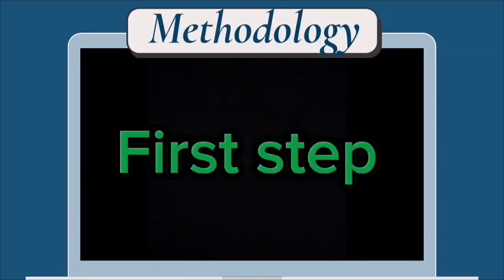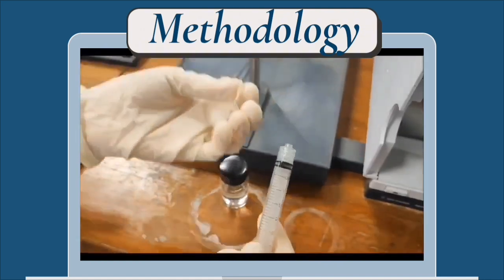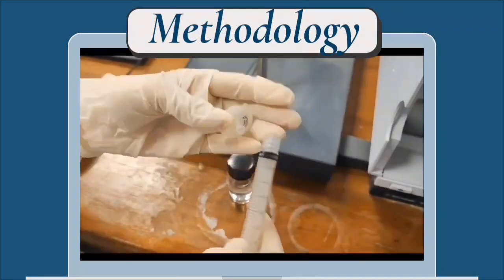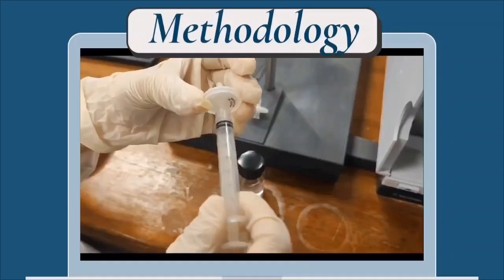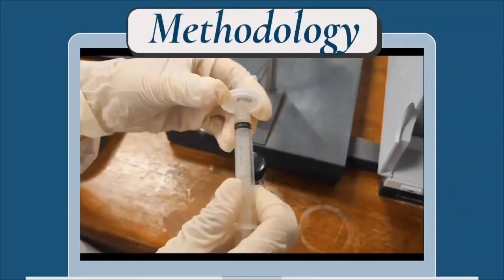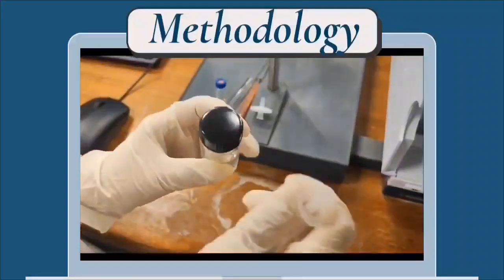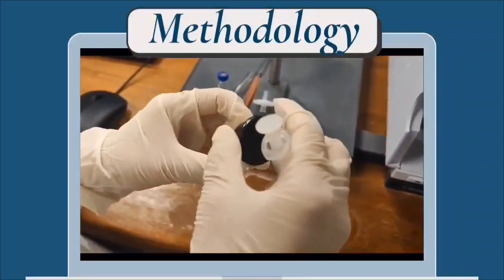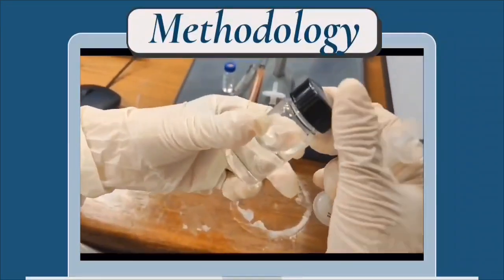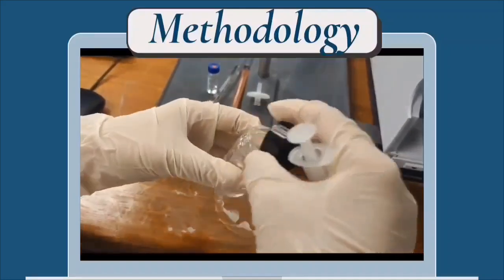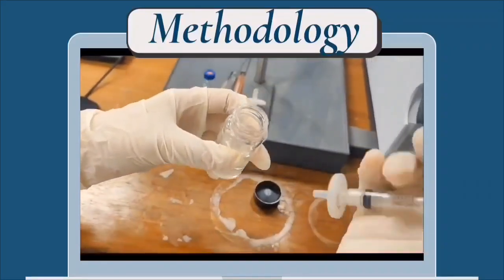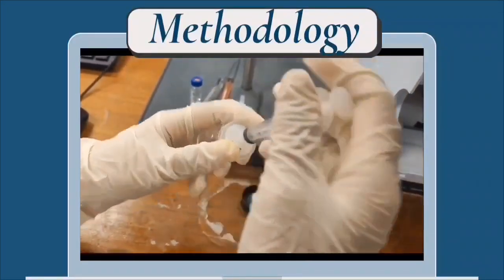Now we move to the first step. We use this syringe and we put in the filter membrane like this. Now we're going to take 2 to 5 ml of our sample using this syringe like this.